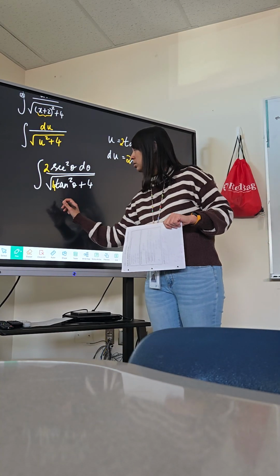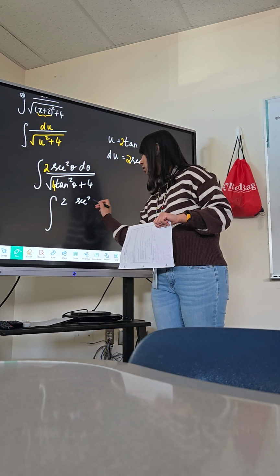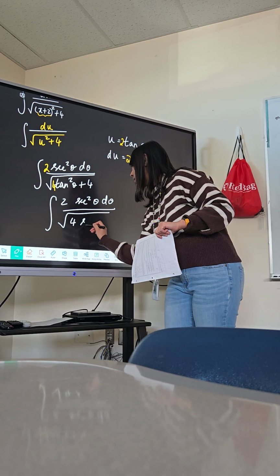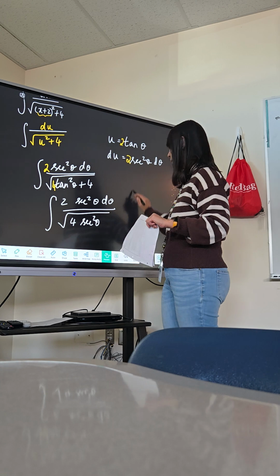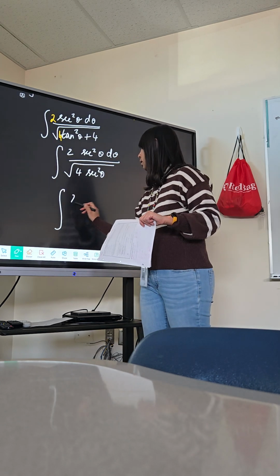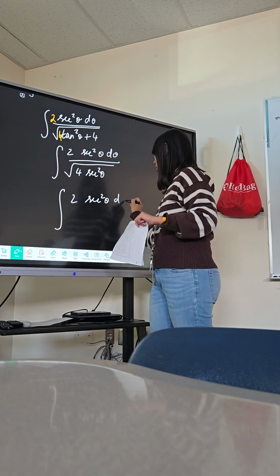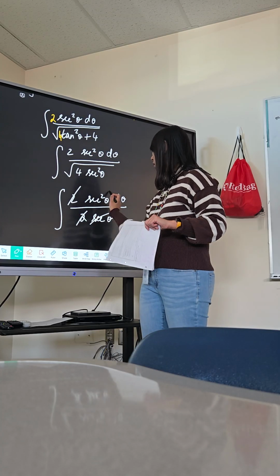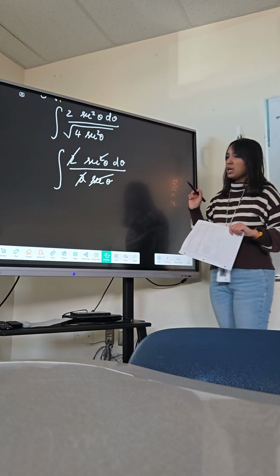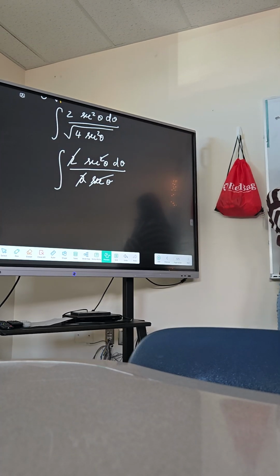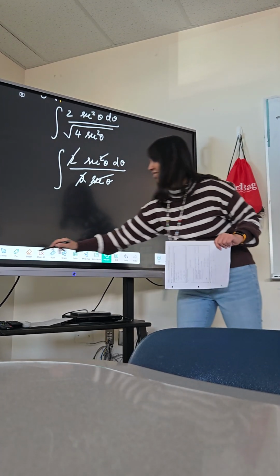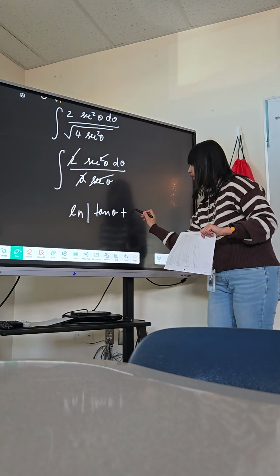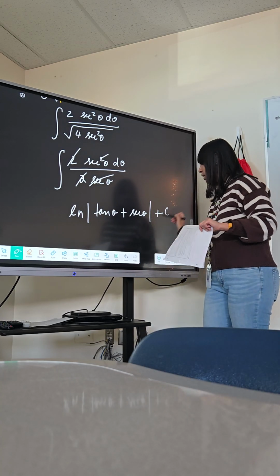Okay, so now you factor out the 4 of the bottom and then you get secant square theta, the same thing that we've been doing. And then 2 secant square theta d theta over 2 secant theta. Gone, gone, gone. What's the antiderivative of secant theta? Good job. ln absolute value of tangent theta plus secant theta plus c.